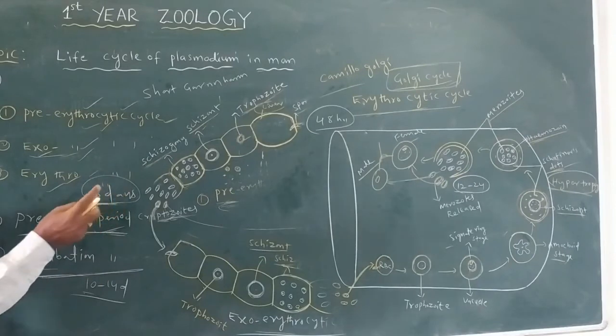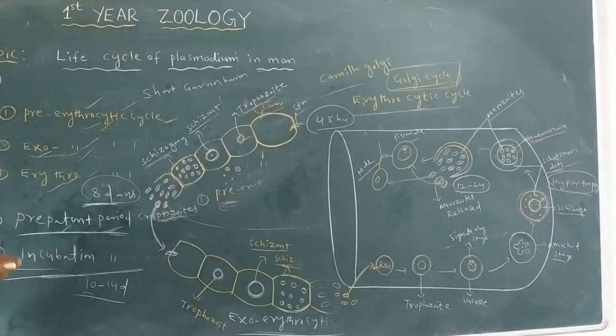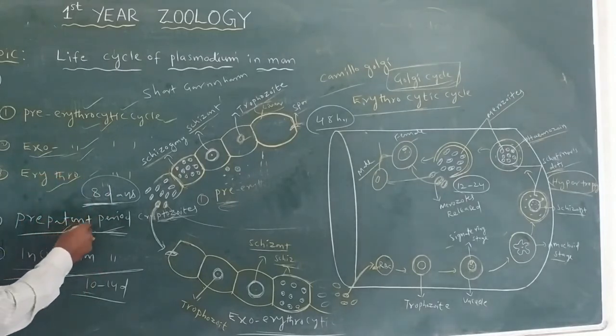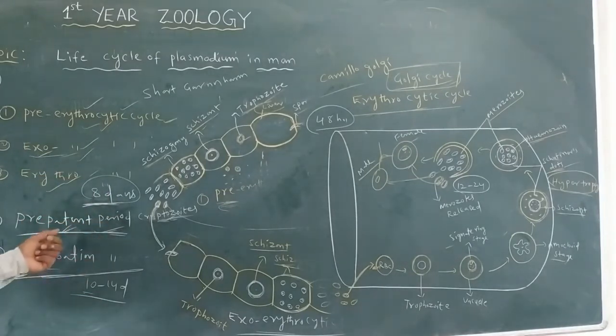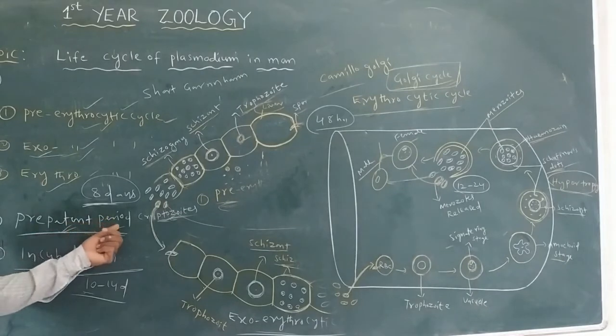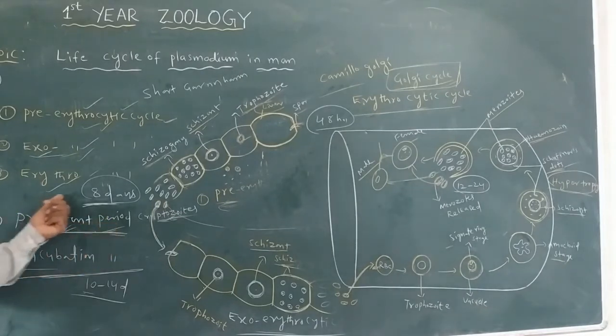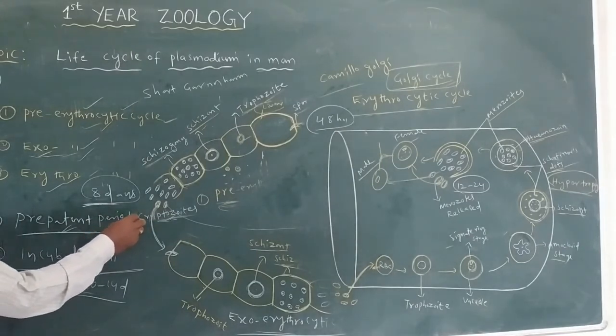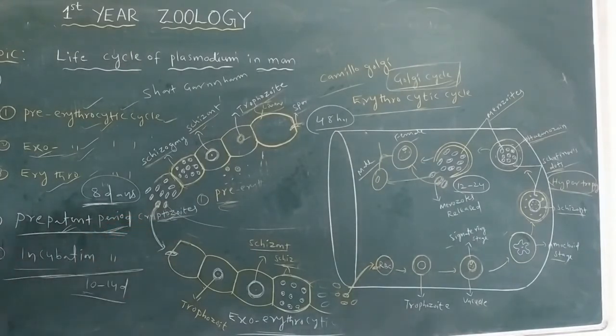First Plasmodium vivax enters the blood and sporozoites form. The sporozoites then enter the cells, and the formation of cryptozoites is called the pre-patent period. This period lasts about 8 days and does not show any symptoms.